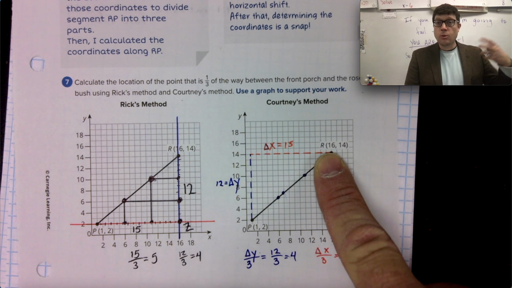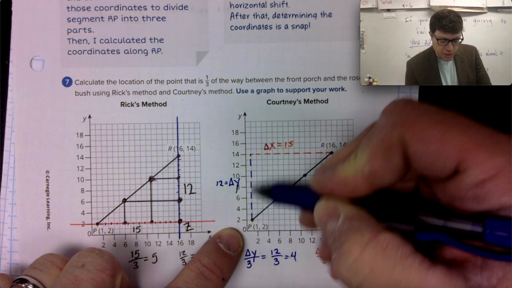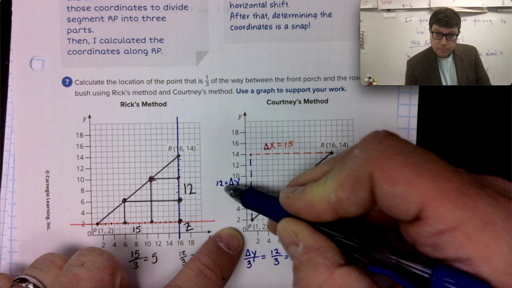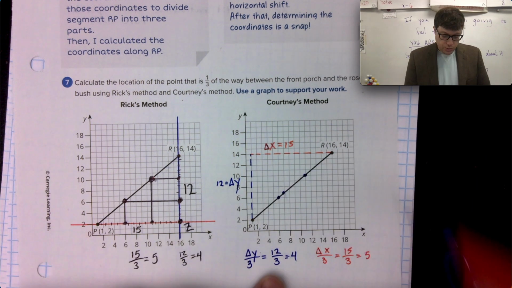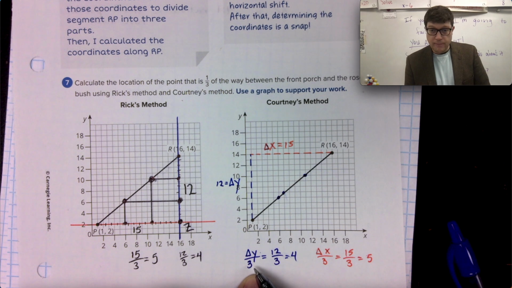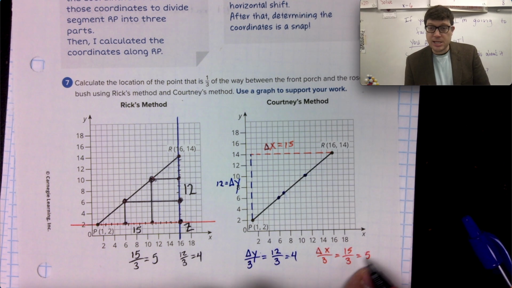There's still a requirement to count. The change in y here is 12, and the change in x is 15. You take the change in y and divide by 3 to get 4. You take the change in x and divide by 3 to get 5.